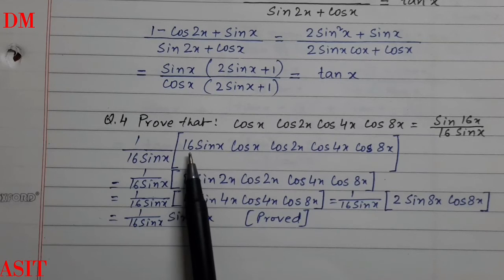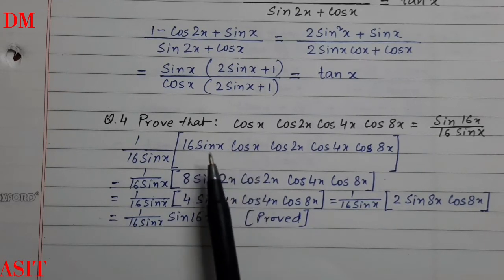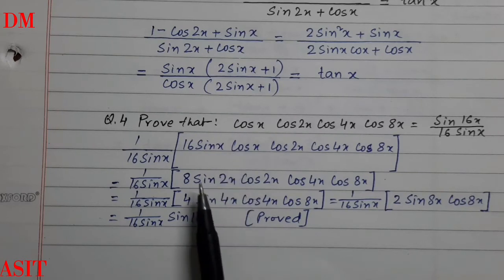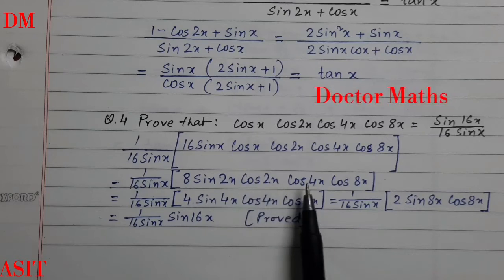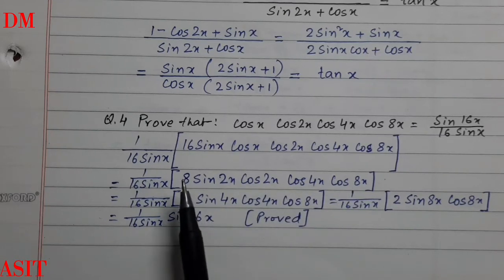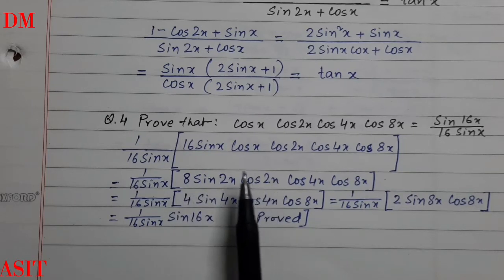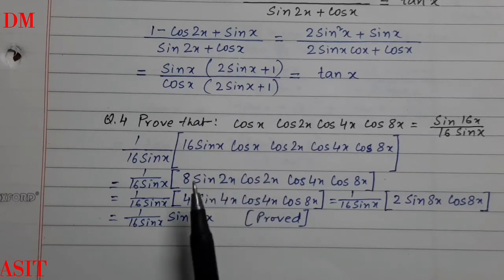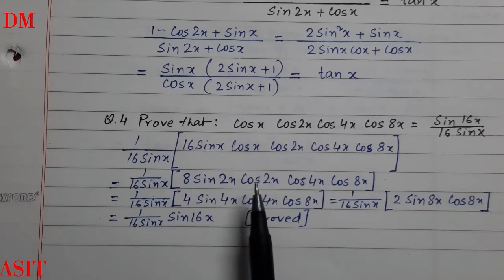Now we can take 2 from here, and this 2 into sin x cos x will make it sin 2x. So it will be 8 sin 2x, cos 2x, cos 4x, cos 8x. Now again from this 8 we will take 2 and we will make this 2 sin 2x cos 2x as sin 4x.